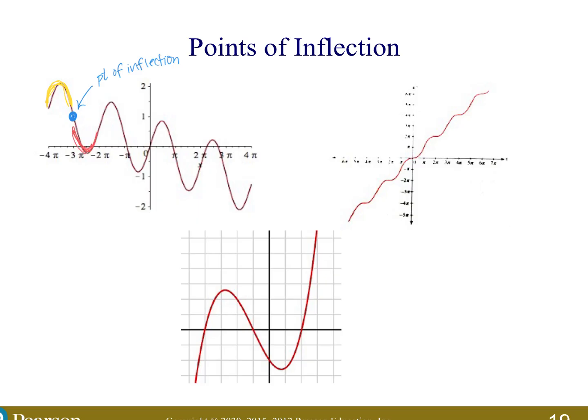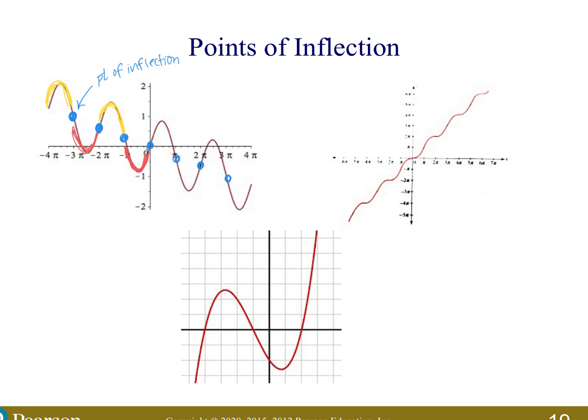But then it switches back. So we have another point of inflection where the graph switches back to concave down, and then another point of inflection where it switches back to concave up again, where the slope is then increasing. And then it'll change to the slope decreasing. And so we have many points of inflection on this particular graph. You can see the pattern as the concavity continues to change.